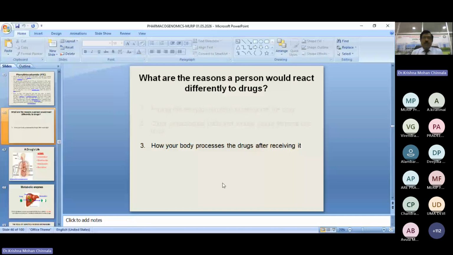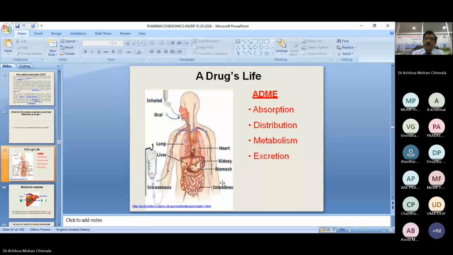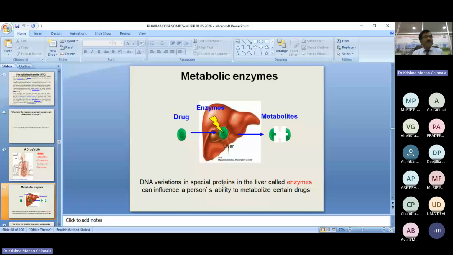Okay, how your body processes the drugs after receiving it is also important, and that is called your ADME, your pharmacokinetics: absorption, distribution, metabolism, and excretion. Of course, all of us know that metabolism and excretion together are called elimination. So here, this is again important for our topic, metabolic enzymes. Enzymes which are metabolizing the xenobiotics or food, whatever it may be, are present in our liver.